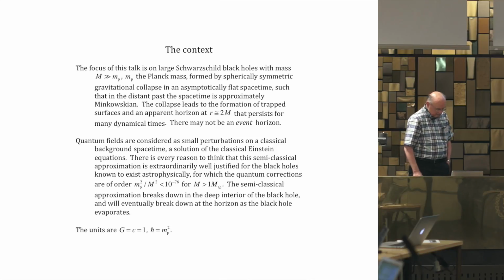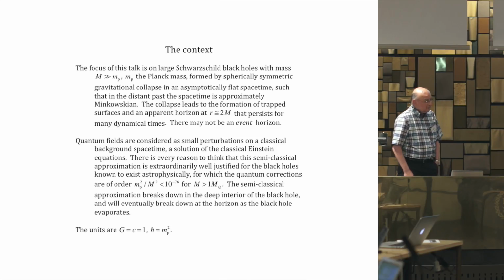Now, on this classical background, we have quantum fluctuations, which can be considered test fields on the classical background. This is the semi-classical approximation.